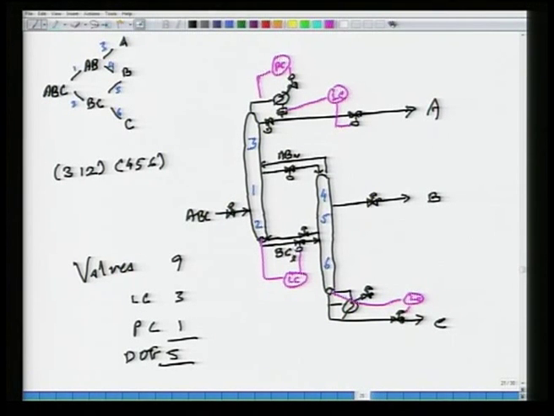So 3 level controllers and 1 pressure controller. Now we start putting in our composition controllers, and let's just use a, here you go, composition control, composition control. Okay. Composition control.